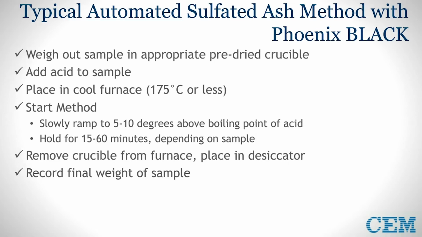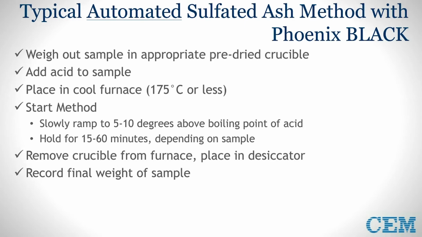Instead of pre-charring that sample over a Bunsen burner or on a hot plate, users are able to simply place the sample into a cool furnace, meaning less than 175 degrees, and then they can start a method through the Phönix Black software.